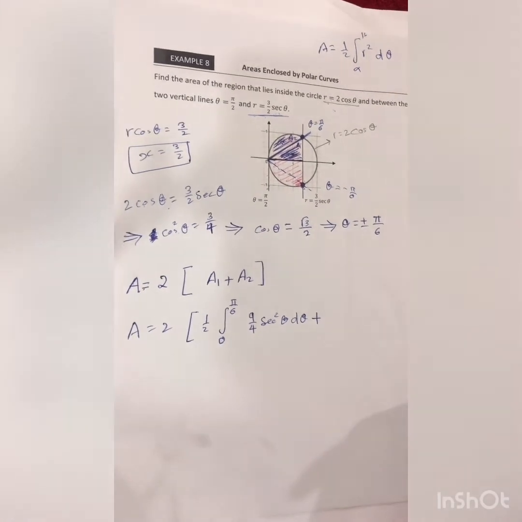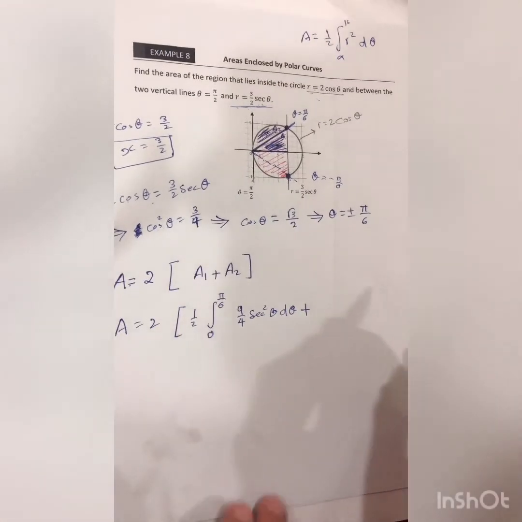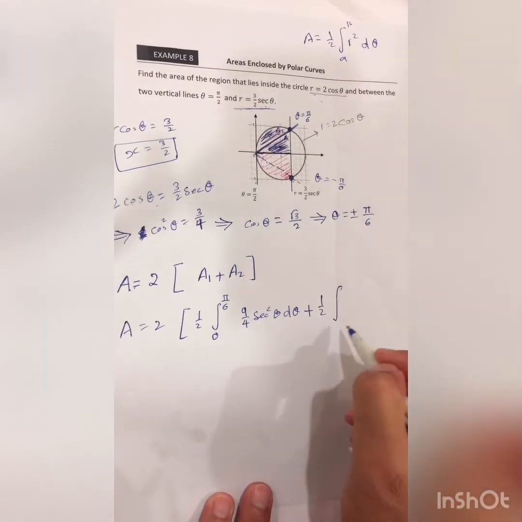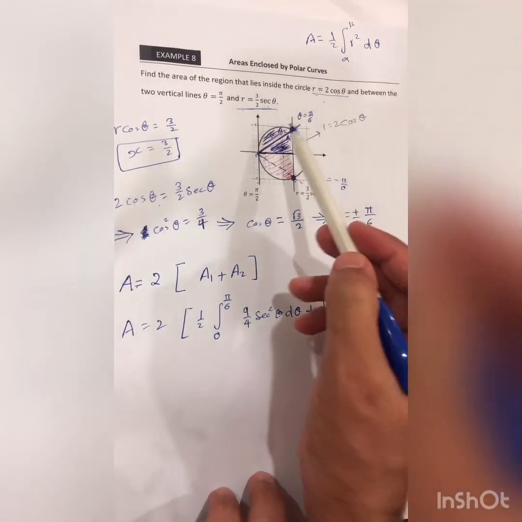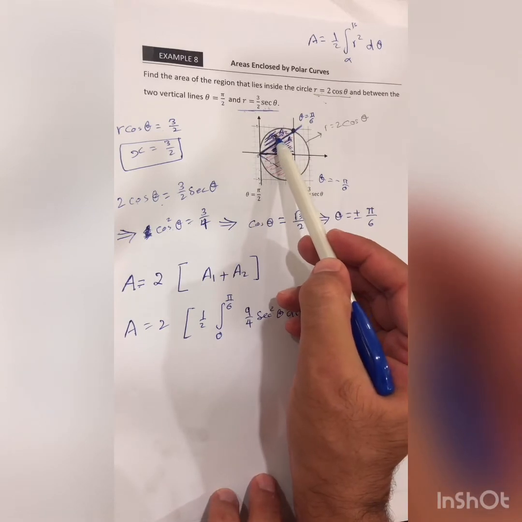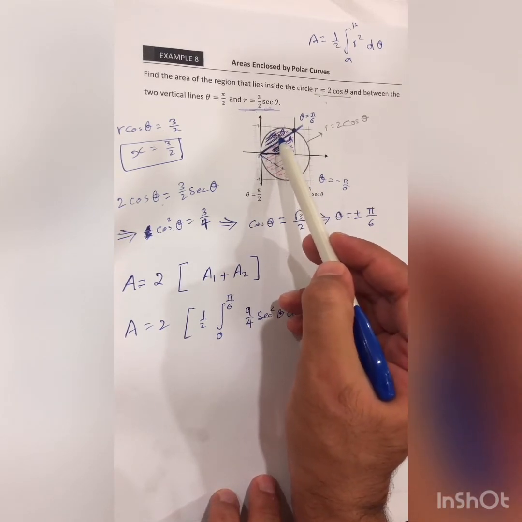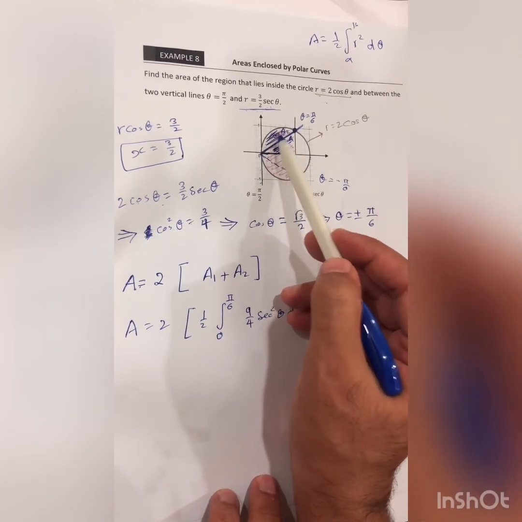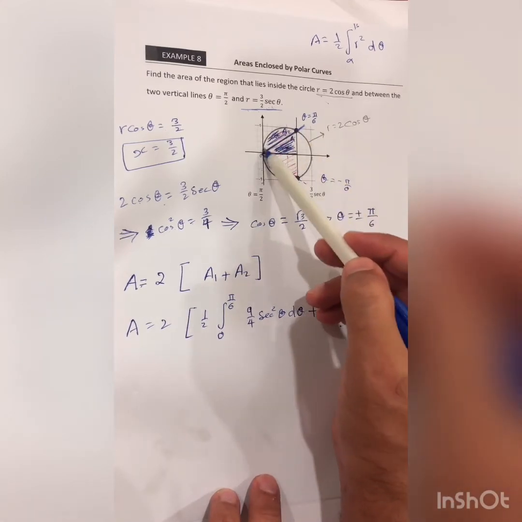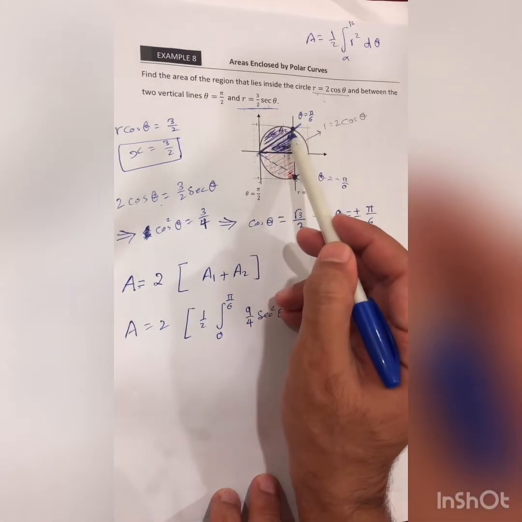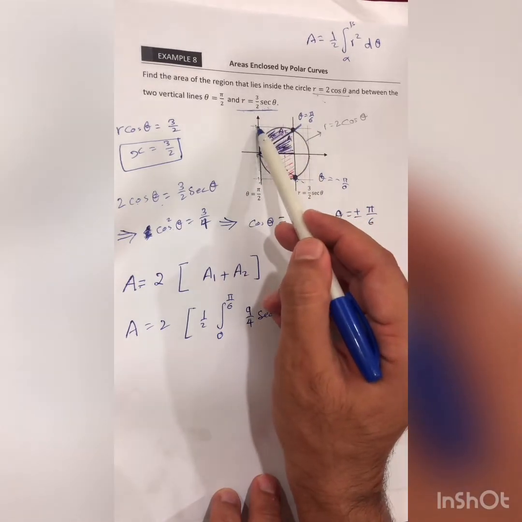Plus, now what is A2? A2 is 1/2 integral. Now, A2 is the area enclosed by the circle and the line pi/6. So theta goes from pi/6 to pi/2.